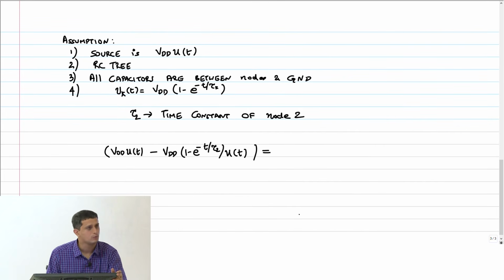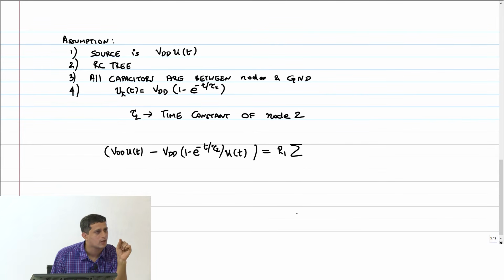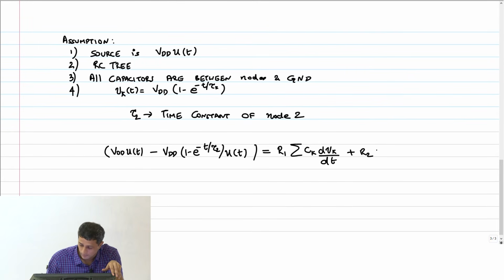This is equal to R1 into summation of Ik. And what was Ik? Each current is just Ck dVk by dt, because the current is through that capacitor by definition. Ck dVk by dt plus R2 into what?